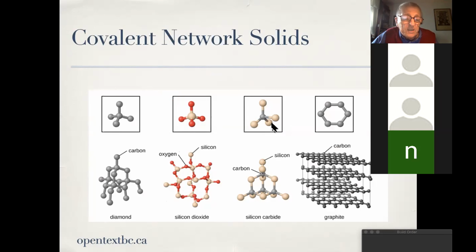There is silicon carbide, which has yet another bonding. And eventually we have this newly discovered bonding of carbon atoms, which form not a three-dimensional structure, but a layer of two dimensions. This is called graphite.